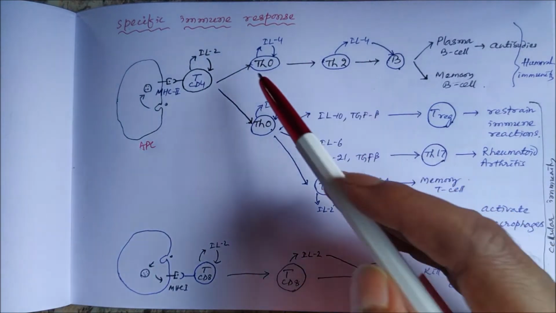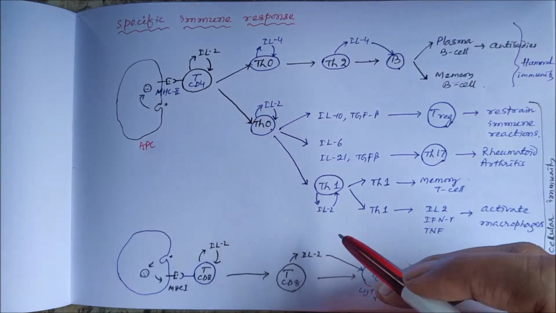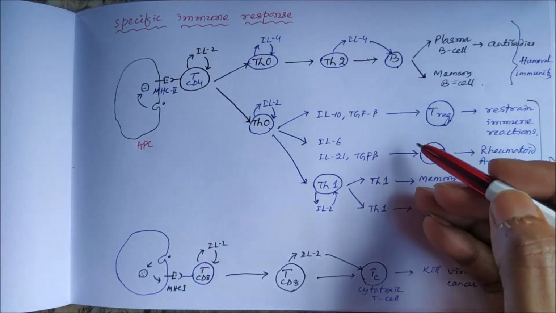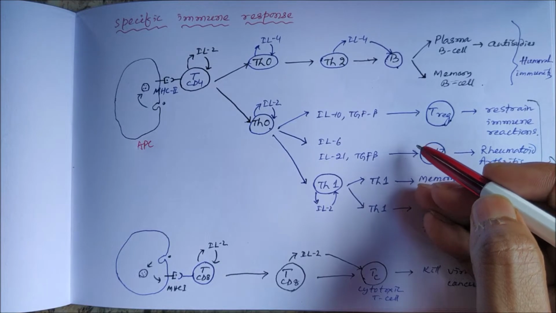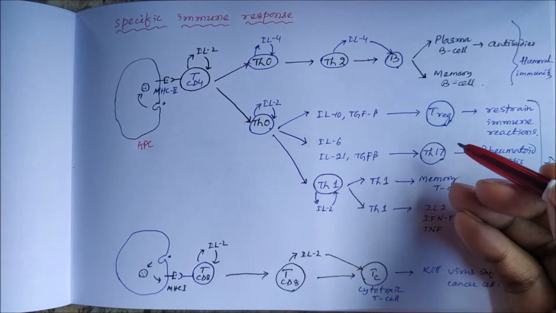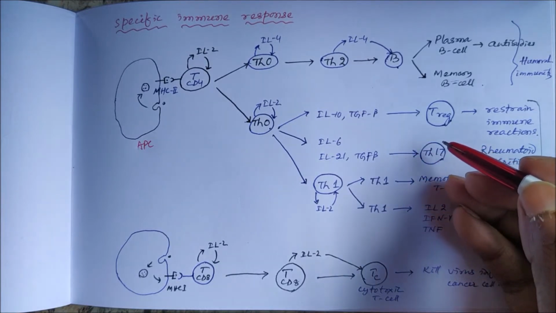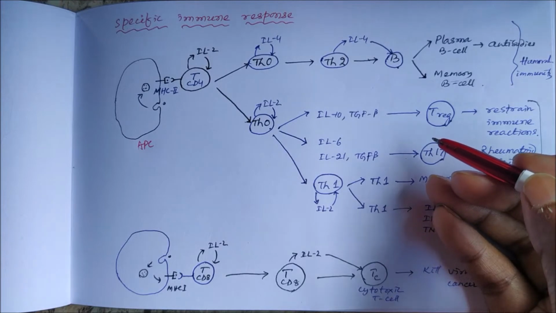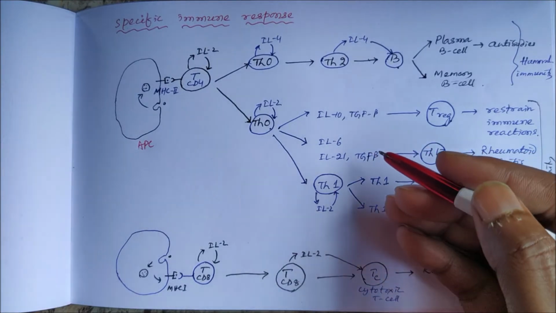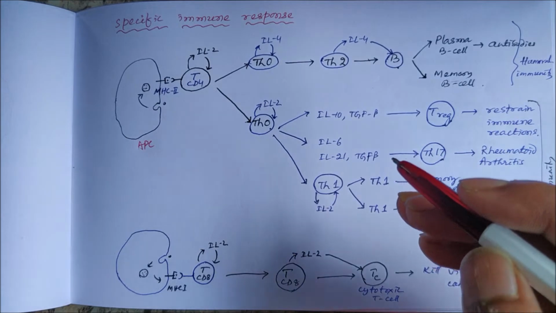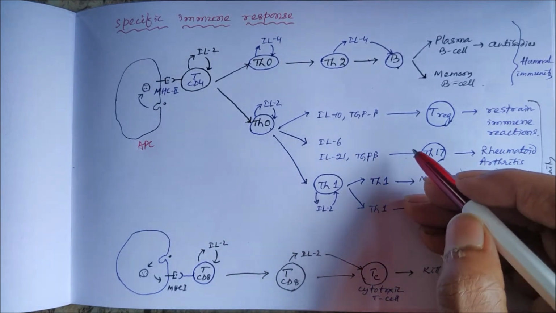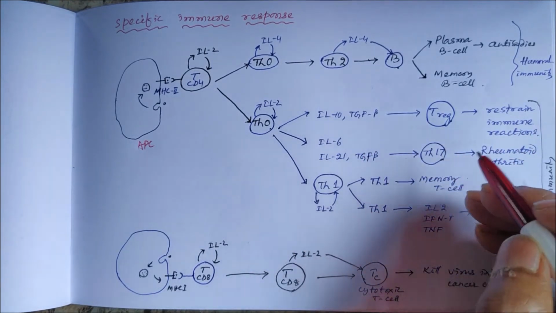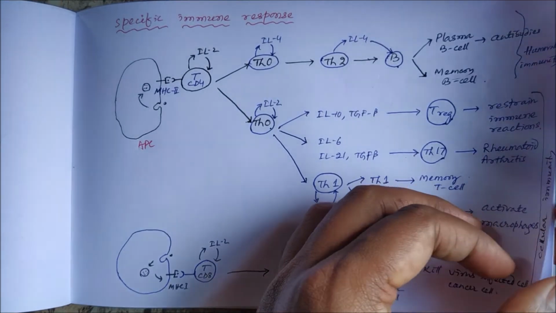And when there is overactivation of this specific immune response, we need immunosuppressants. So for example, when there is organ transplantation, there will be activation of the immune system, and we need to suppress the immune system. In that case we need immunosuppressants.